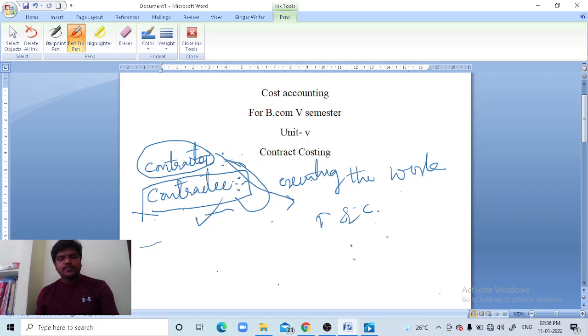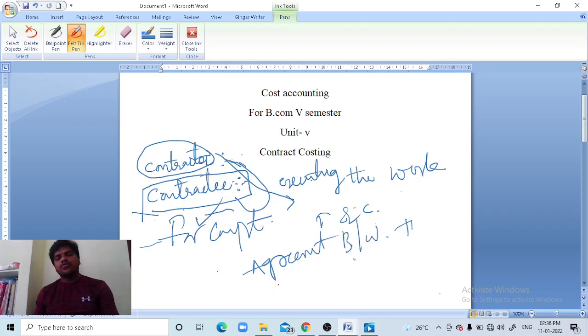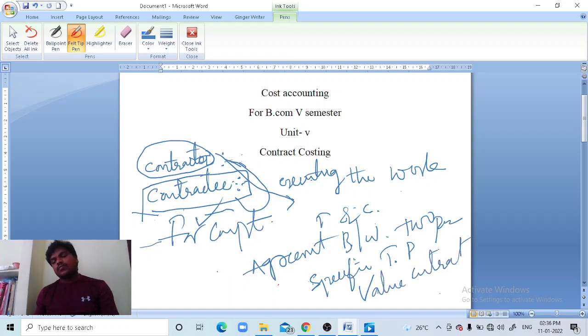For the completion of this work, there should be some agreement between these two parties. This agreement involves a specific time period as well as the value of the contract. This value is called the contract price.